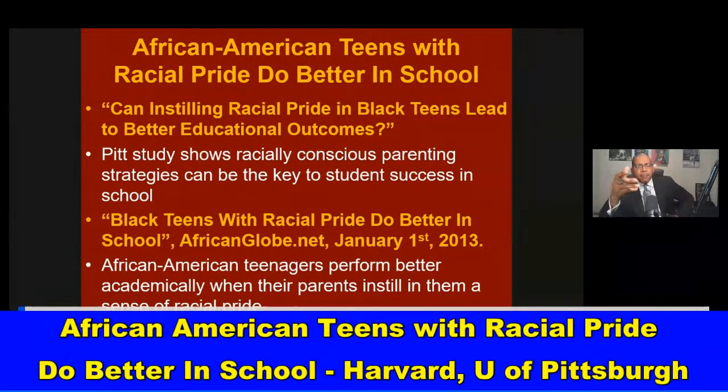So then we have this study right here. This is a joint study by the University of Pittsburgh and Harvard University. It deals with how African-American teens with racial pride do better in school. And University of Pittsburgh has an article, Can Instilling Racial Pride in Black Teens Lead to Better Educational Outcomes?